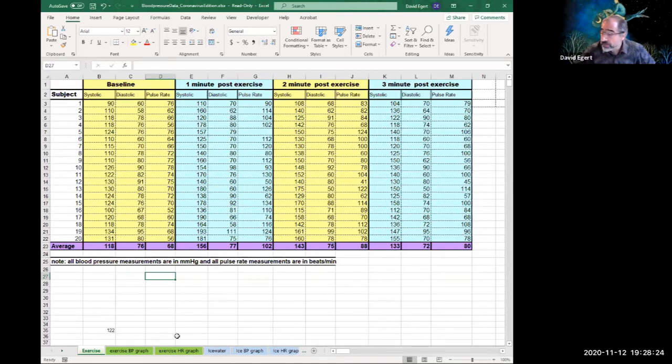To get this fitness index, you just have the little formula in your lab manual. And like I said, pick one of these subjects. It doesn't matter which one.